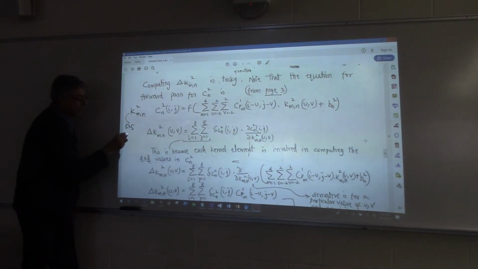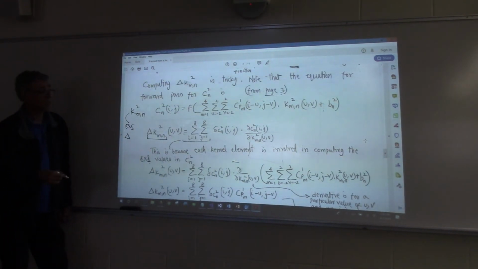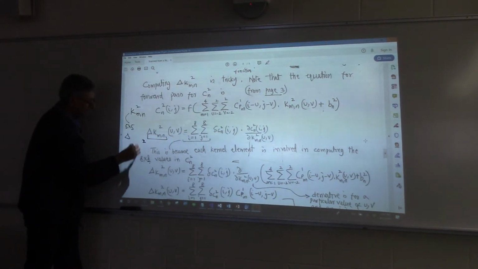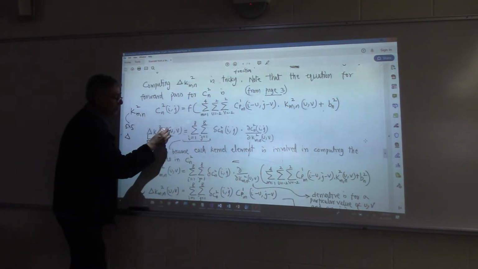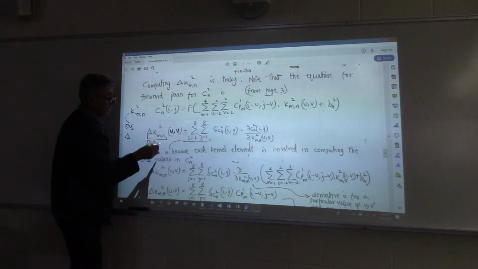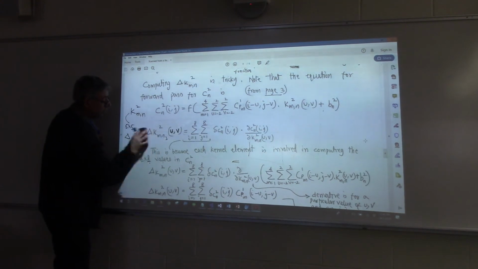So if we have a derivative in each one of these positions, what will be the size of this? Also 5 by 5, not 25 by 5. Okay, if we pick one particular position, u and v will vary from -2 to 2.